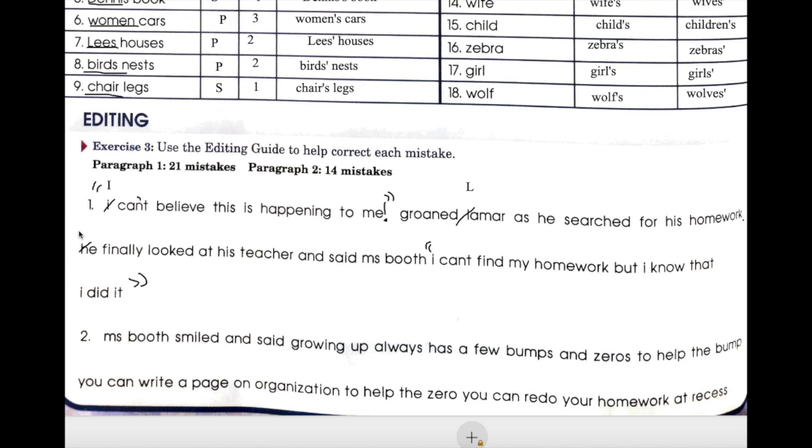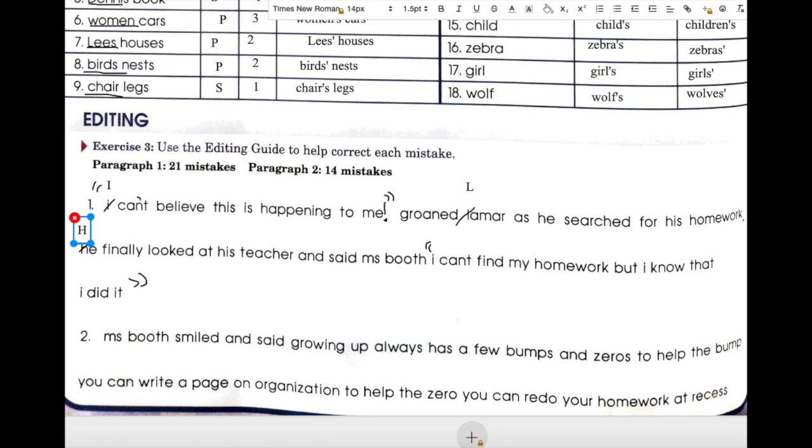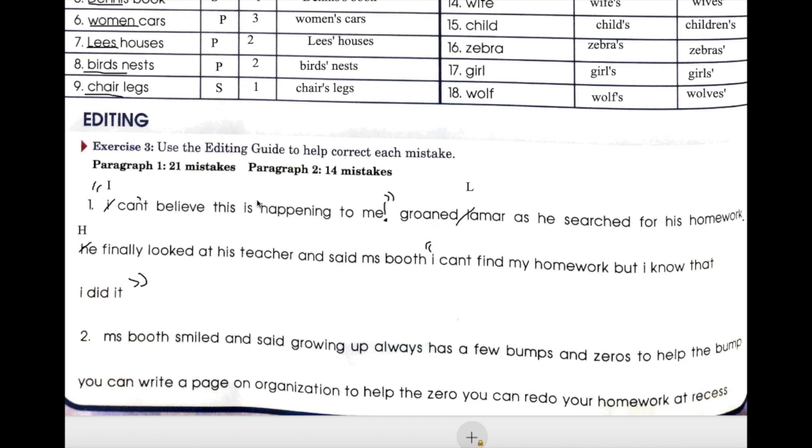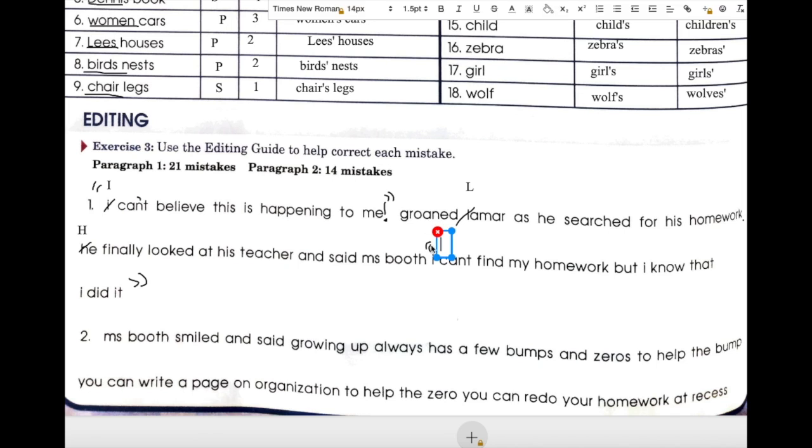Capitalize the first word. He finally looked at his teacher and said, oh, I'm sorry, I put the quotation marks in the wrong spot, so I need to get rid of those. Or actually, I can just move them over, I think, because he's talking to Miss Booth. Well, let me move them.